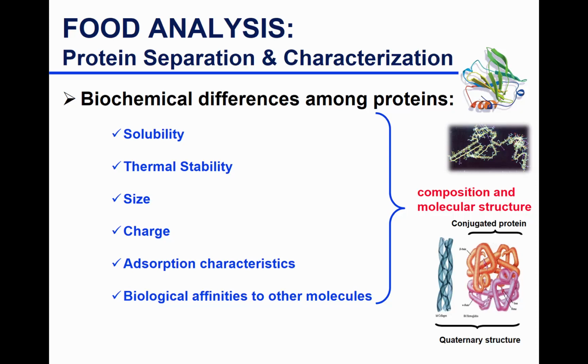Adsorptive characteristics, as we'll see in hydrophobic interaction chromatography, which is very much used to separate proteins, and also affinity chromatography, which relies on the adsorption characteristic of the protein to the stationary phase. Biological affinities have to do really with affinity chromatography, if you use antibodies, for example, to separate the proteins, or enzyme inhibitors if you're separating enzymes, for example.